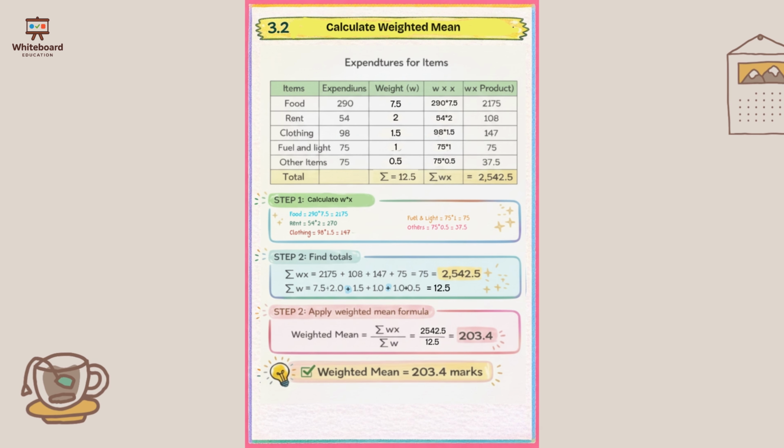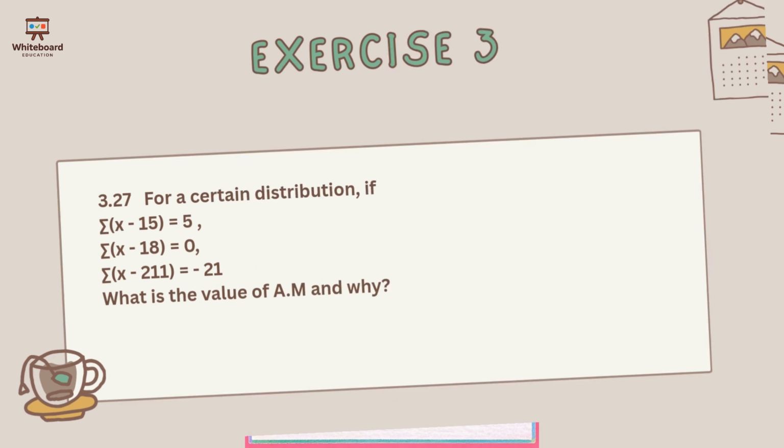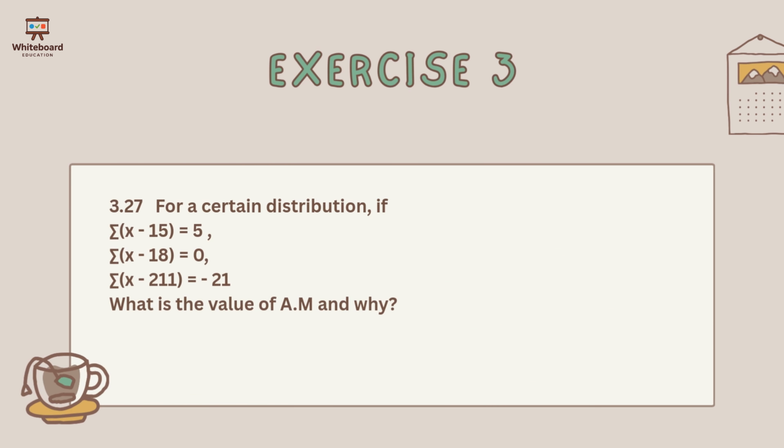Now, moving on to question 3.27. For a certain distribution, if sigma (x minus 15) is equal to 5, sigma (x minus 18) is equal to 0, and sigma (x minus 211) is equal to minus 21. What is the value of the arithmetic mean and why?